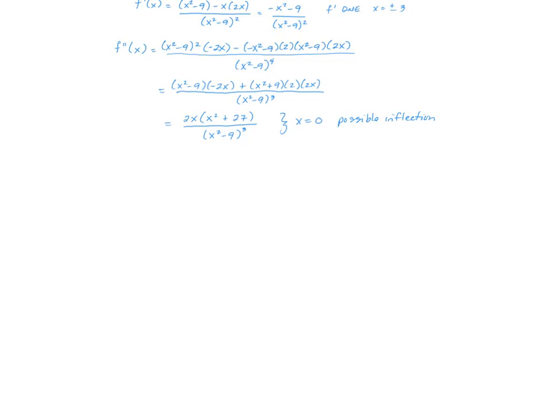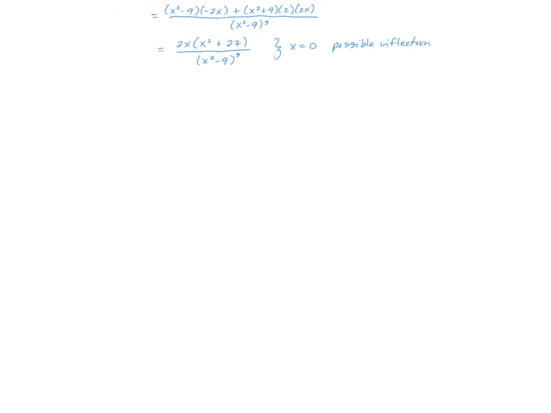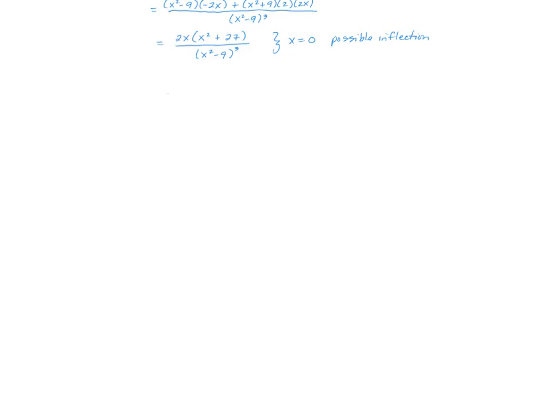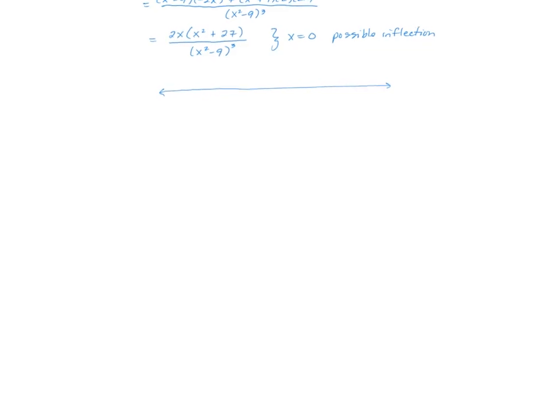All right. So I'm going to put the first derivative and second derivative on my graph, as I did before. Now, -3 and +3 aren't technically critical points because they're not part of the domain, but I'm going to put them on my graph because they are vertical asymptotes.